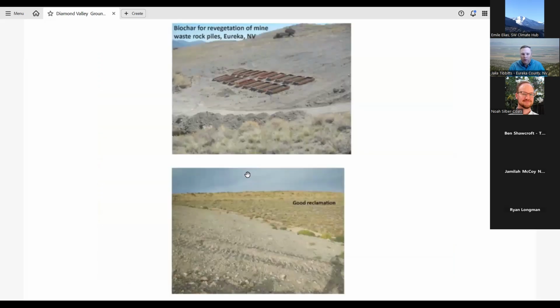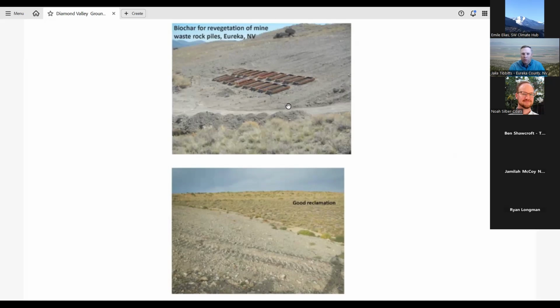So a couple quick things we did. This is a mine that's just out of the town of Eureka. It's called the Ruby Hill Mine. These are some waste rock dumps where they are having a really hard time getting reclamation on these, getting a tremendous amount of runoff, sedimentation, and other things going into a nearby channel.